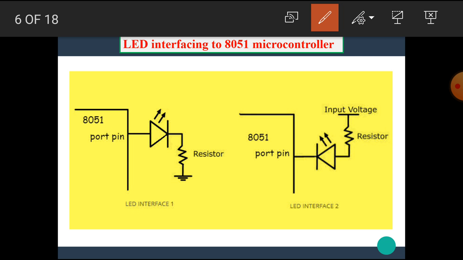To glow the LED in LED interface 1, we have to provide 1 or 5 volt to the anode. In LED interface 2, to glow this LED we have to provide 0 or ground to the cathode. I hope you all understand how an LED is interfaced with any pin of the 8051 microcontroller.